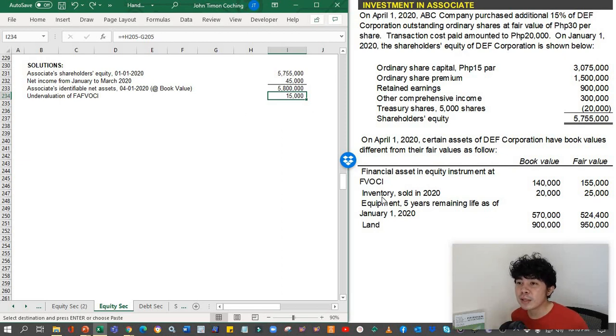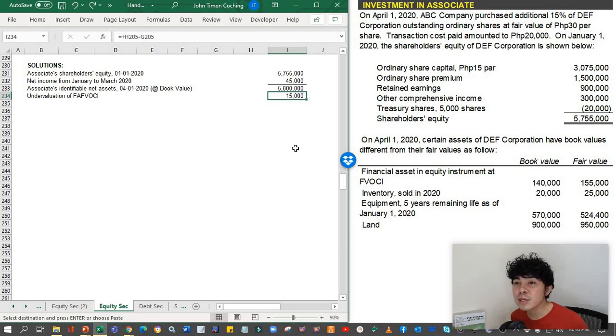Tapos, dito naman sa inventory. So, yung inventory natin has a book value of 20,000. At itong 20,000 pesos na to, ito yung kasama dito sa 5.8 million. Pero, syempre, ang fair value niya dapat daw 25,000. So, ito yung kailangan nating amount. Since may 20,000 na dito si inventory, kailangan na lang natin dagdagan ng 5,000.